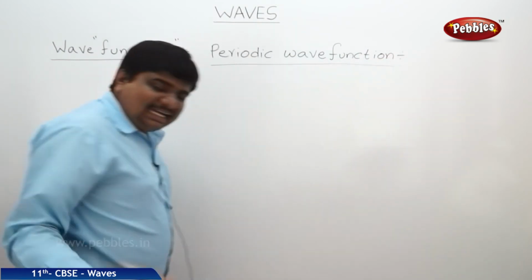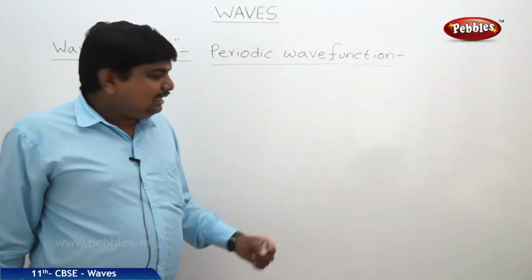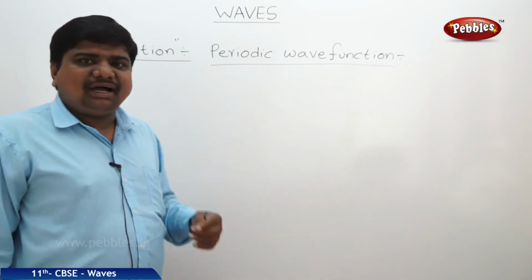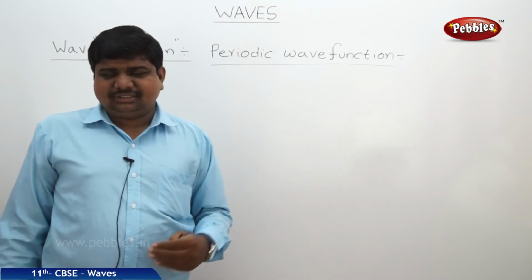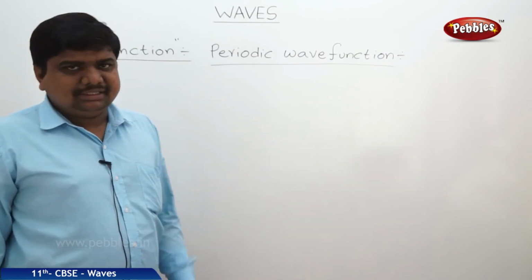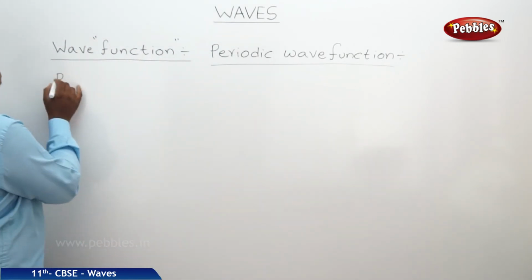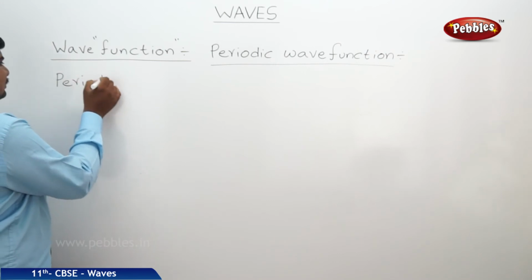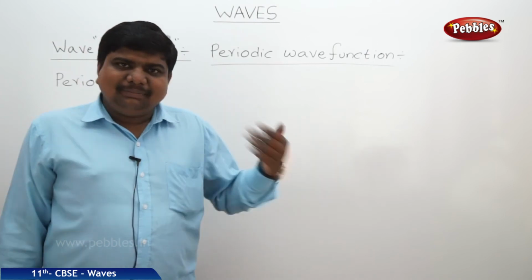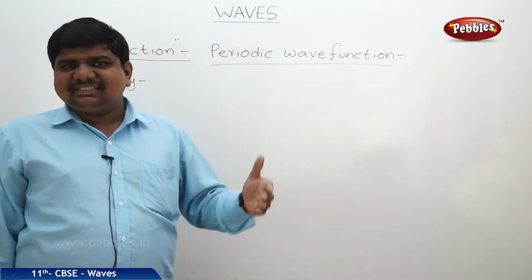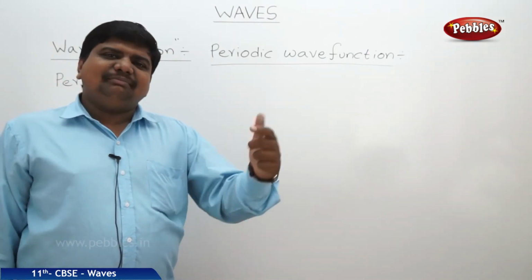What is periodicity? Repeating the motion in the same path after a fixed time interval is called a periodic wave function, means a periodic path. So periodicity means continuous repetitions at fixed time intervals.